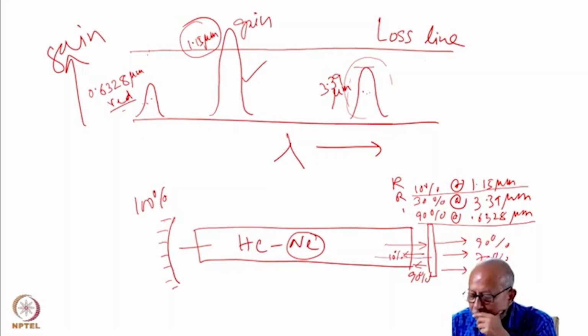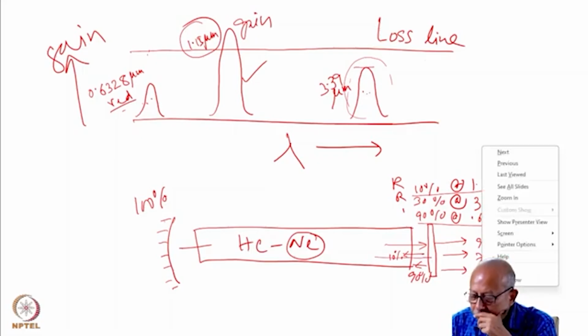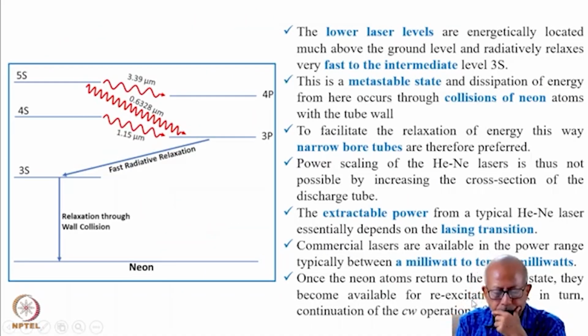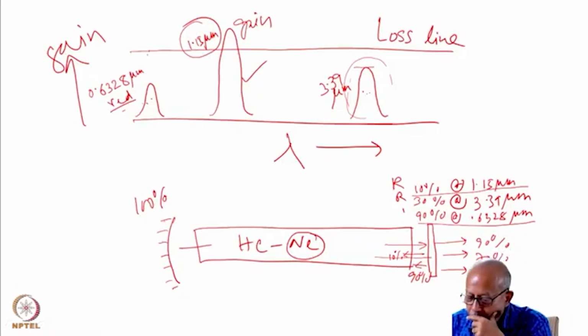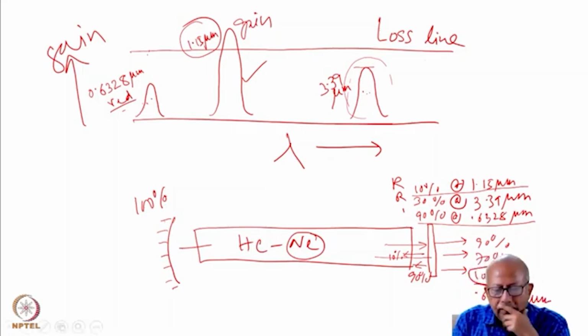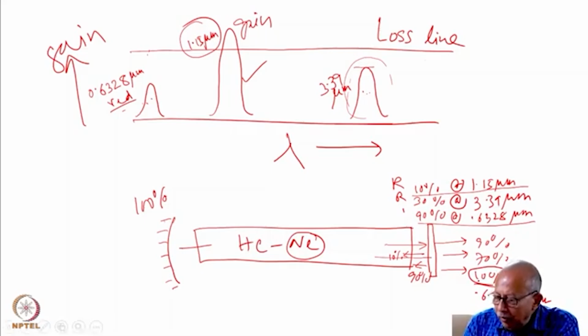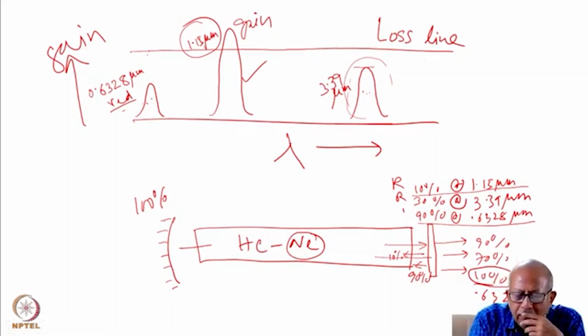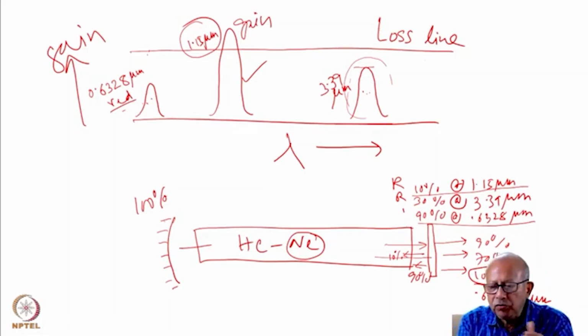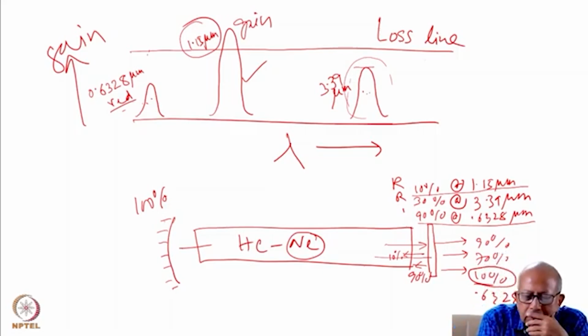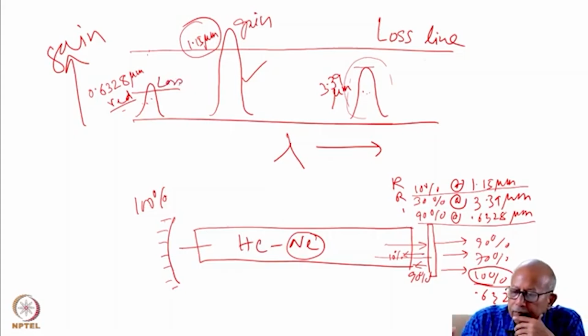So only 10% of this, that is 0.6328 micron, is lost. And therefore, if I represent this loss on this gain curve, this loss is now selective. Different transitions have different loss. Suppose for this line, the loss line is located from here.